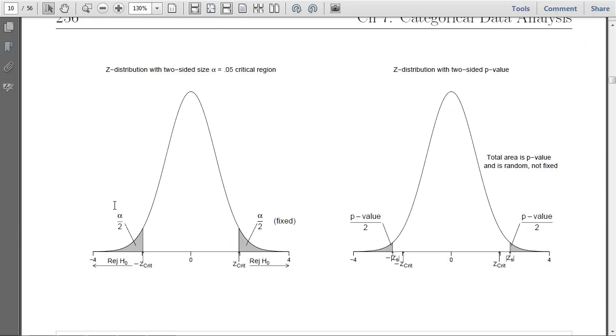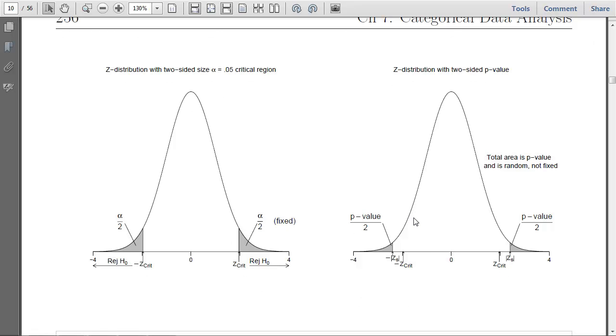So here's a normal distribution, also known as a Z distribution. And you can use this critical value, which is often, say, 1.96, almost 2 units away, with tail probabilities equal to 0.05 over 2, as the rejection region. So if you fall outside that rejection region, then you reject the null.